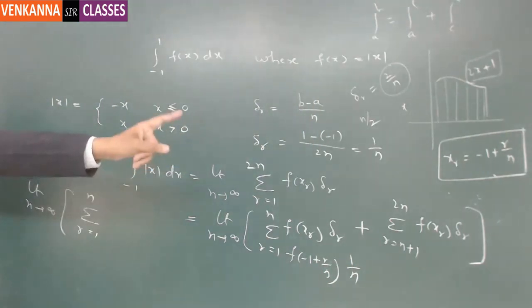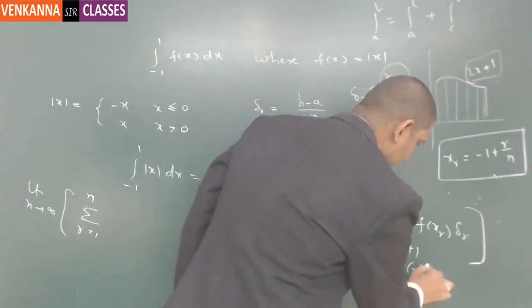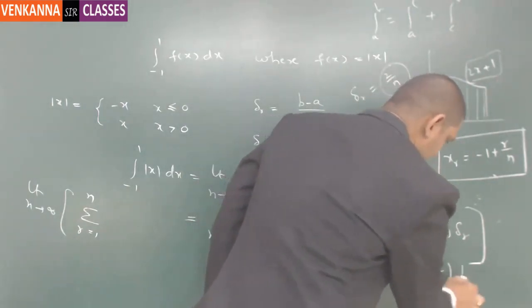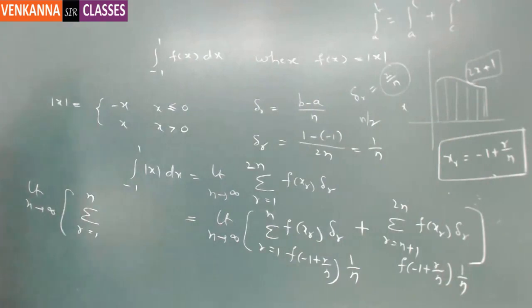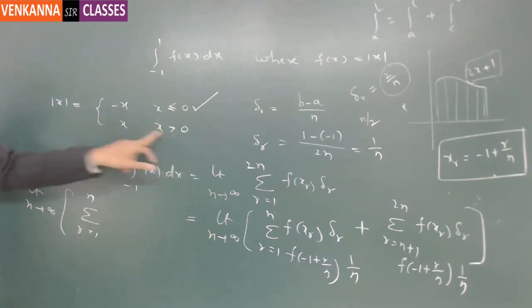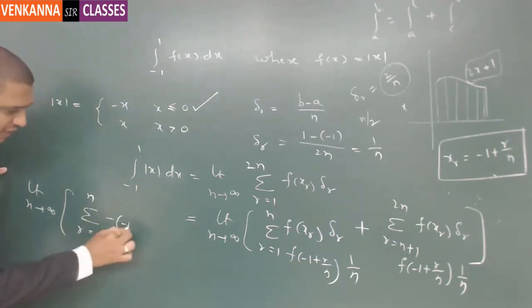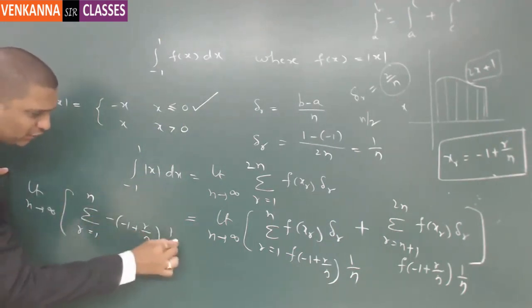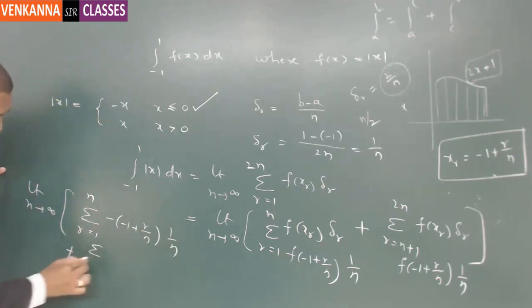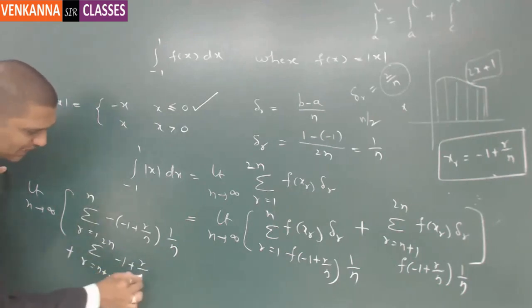There also we have the same property. And how is the function defined? For the first n parts, it is minus x. For the other, it is x. So how is it going to be varied? Summation r is equal to 1 to n minus of minus 1 plus r by n into 1 by n plus summation r is equal to n plus 1 to 2n minus 1 plus r by n into 1 by n.